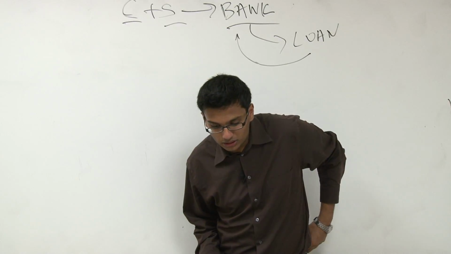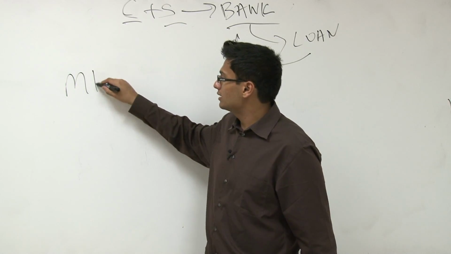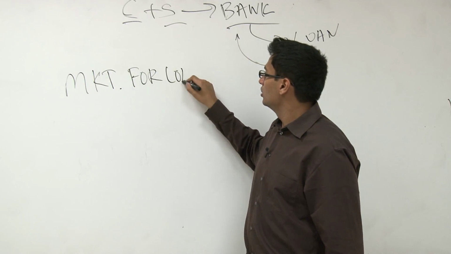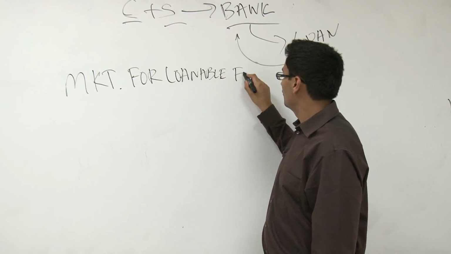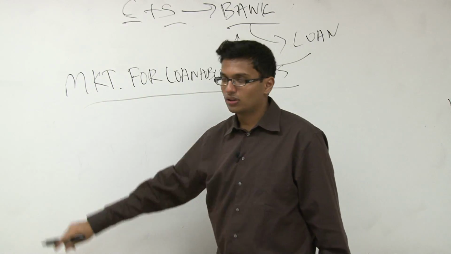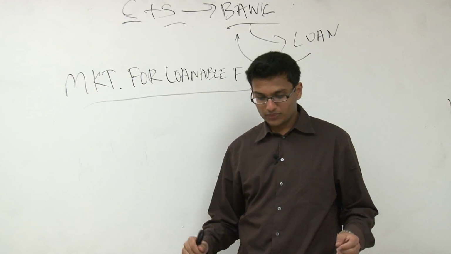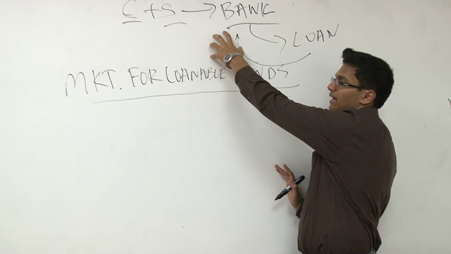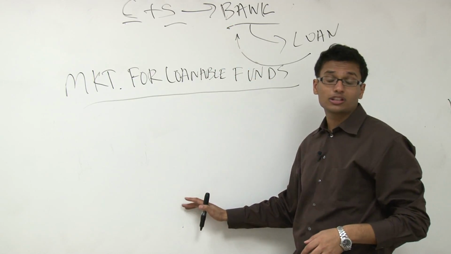So, discussing the market for loanable funds, let me write that down. Market for loanable funds. So what is a market for loanable funds? This is the place where all the money that you put into the banks gets thrown in, and also the government savings as well.